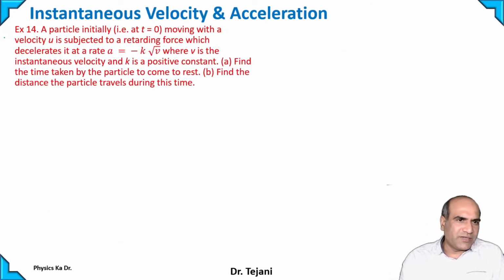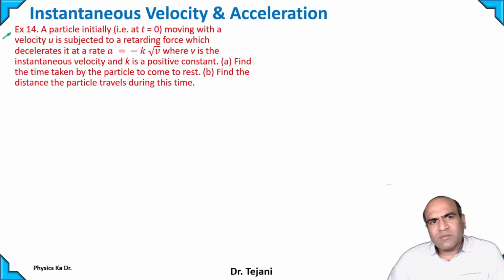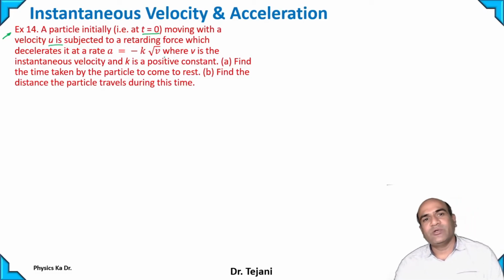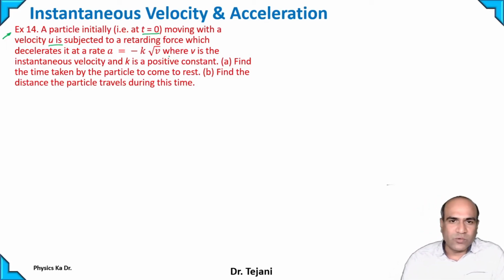Let's take one more question. I think you should pause the video here and solve it by yourself. So example number 14: a particle initially at t is equal to 0, the initial condition given, is moving with a velocity u and is subjected to a retarding force, and because of that there is a retardation, with acceleration given as minus k under root v.